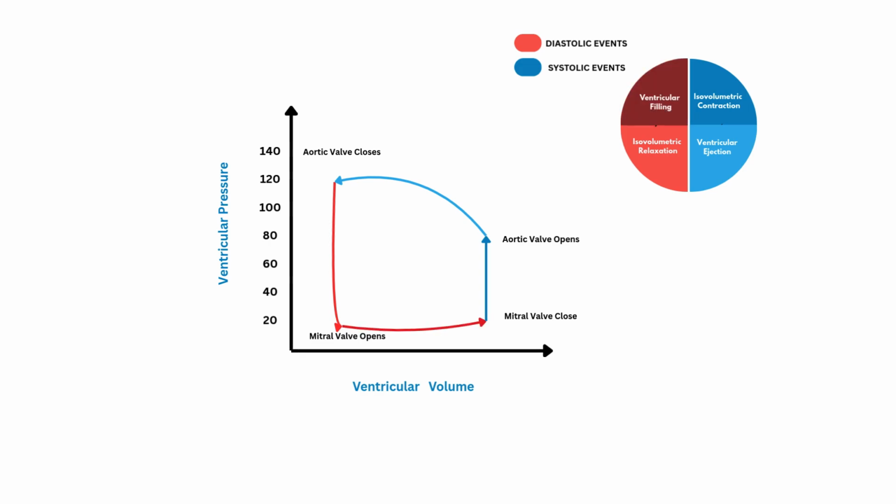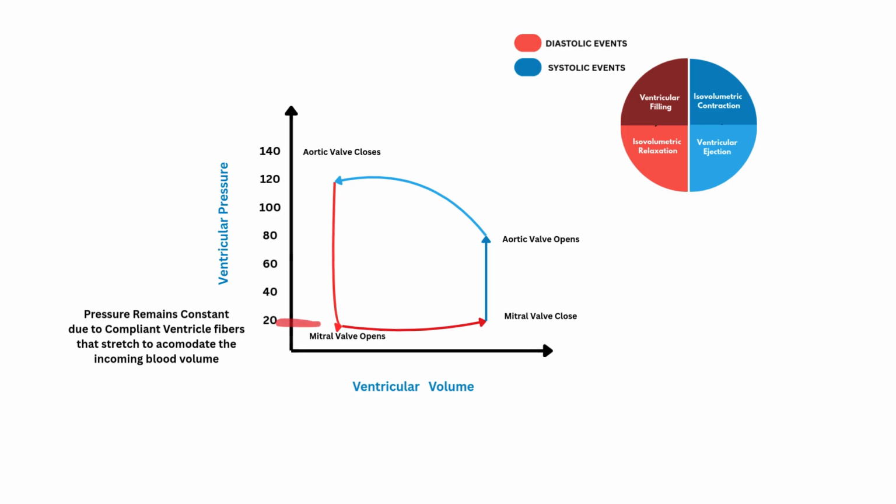As we said earlier, the mitral valve opens, the blood flows from the atrium into the ventricle, and notice the volume increases significantly, but the pressure barely rises. You can see the line is almost straight. This is because a healthy ventricle in a healthy human is compliant.